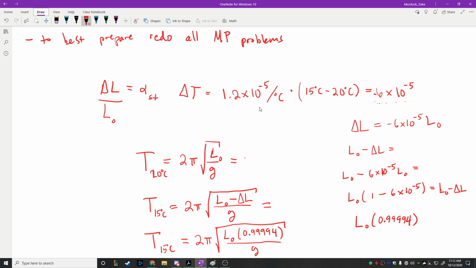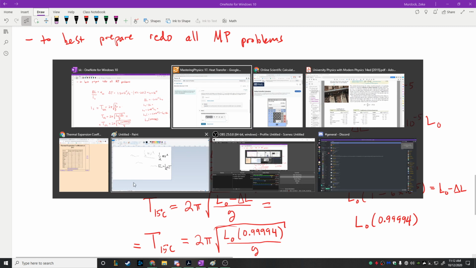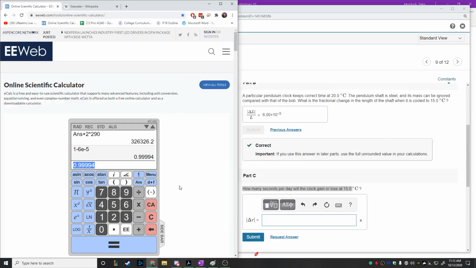The period is shorter, which means if the period, for example, was 1 second, our new clock is going to tick at a rate of a little less than, it'll take a little less time for it to tick a second, basically. Does that make sense? So if we fix this to be 1 second, then this is going to be whatever the square root of 0.9999. I'm just kind of using numbers to get an understanding of what's going on.